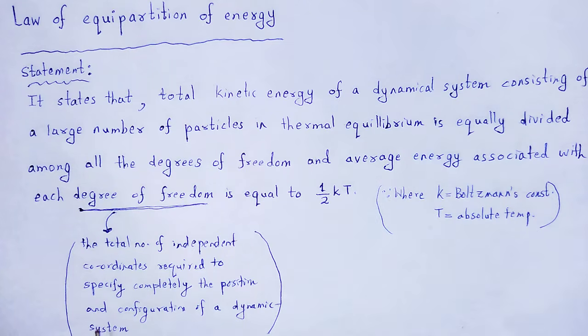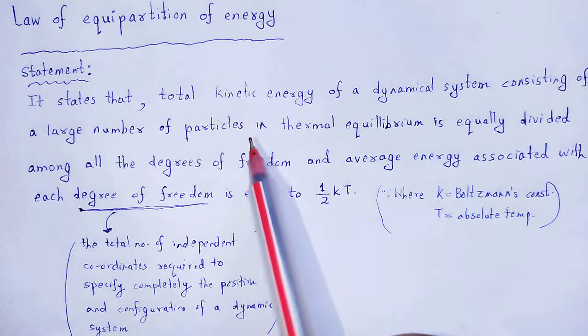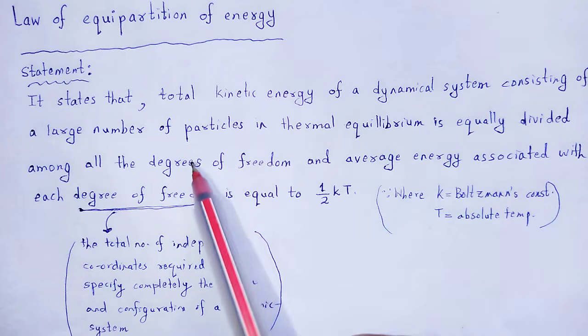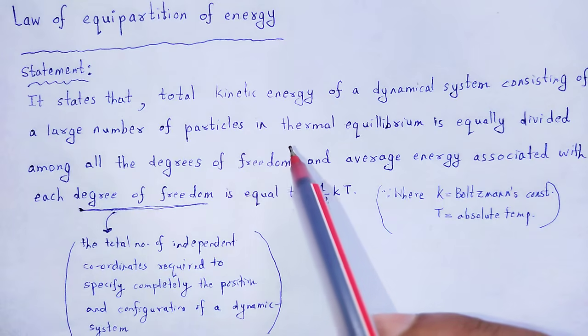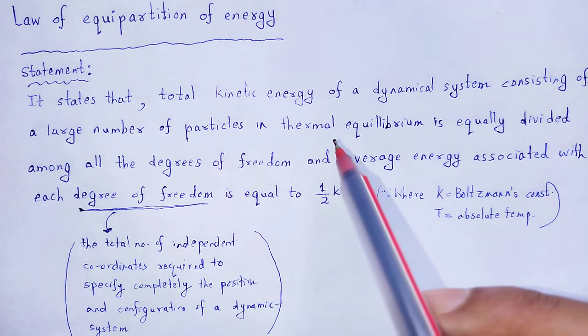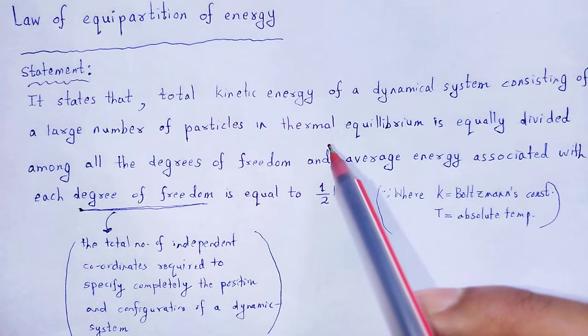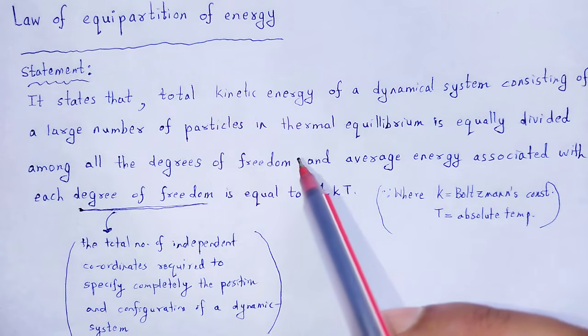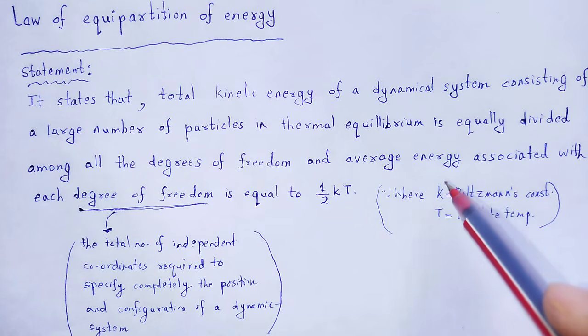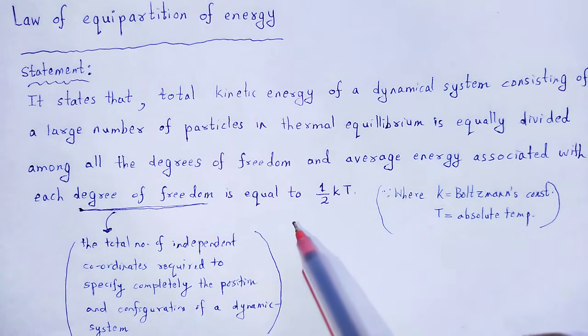Similarly, if we take a thermodynamic system consisting of a large number of particles in thermal equilibrium with each other, then the average energy associated with each degree of freedom will be half kT.